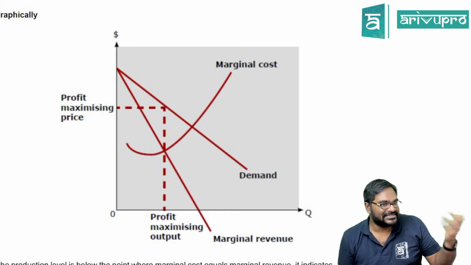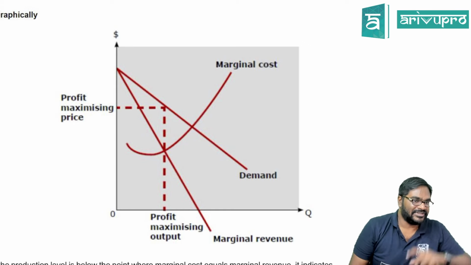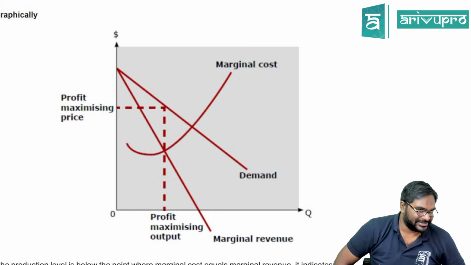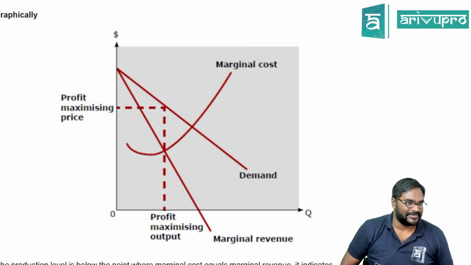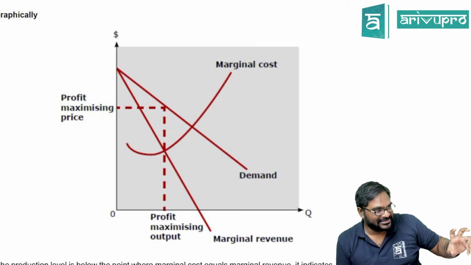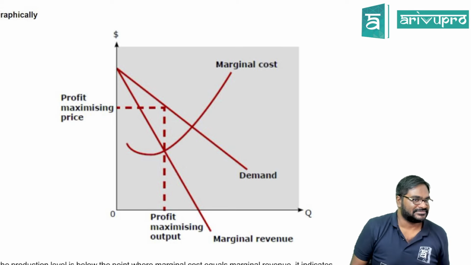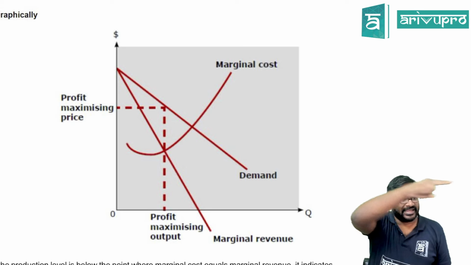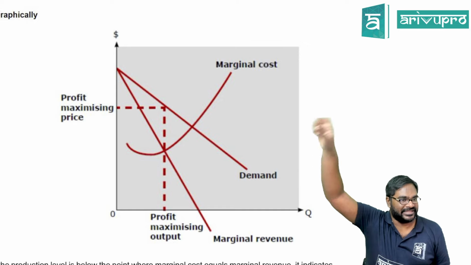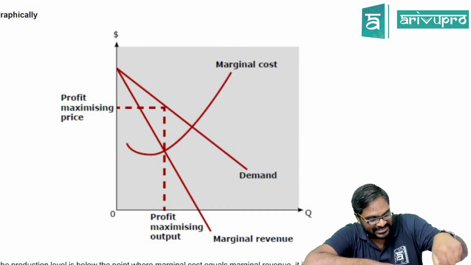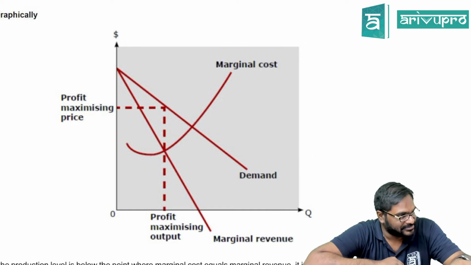So marginal cost is not a linear line. It will be a curvy line. Agreed? The previous one itself is evident for that, isn't it? Cost was varying. It's not going to be a straight line. It's going to be a curvy line.